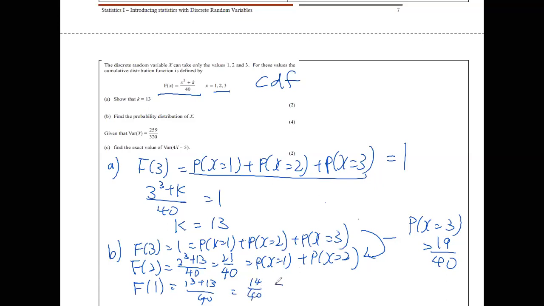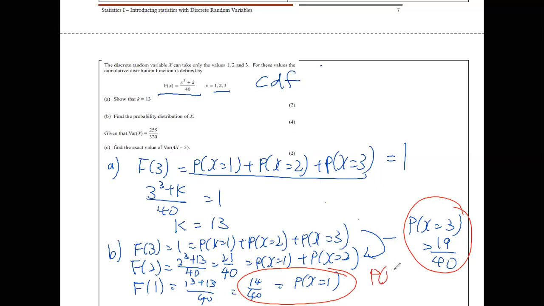F1 is just x equals 1. So I have with me P(x=3) and P(x=1). Therefore, 1 minus all these values will give me P(x=2). So this will give me 7 over 40.